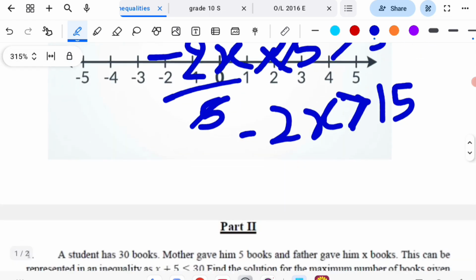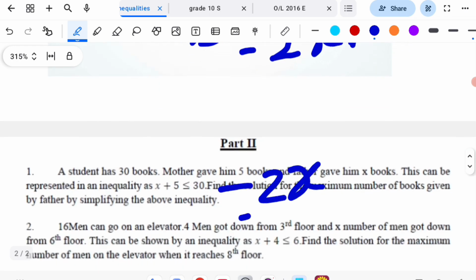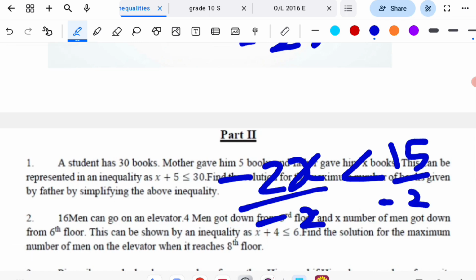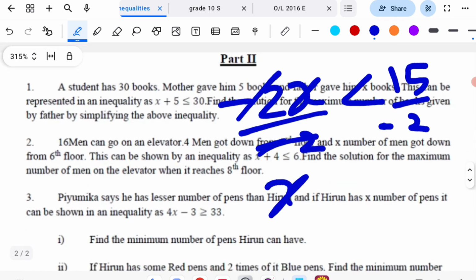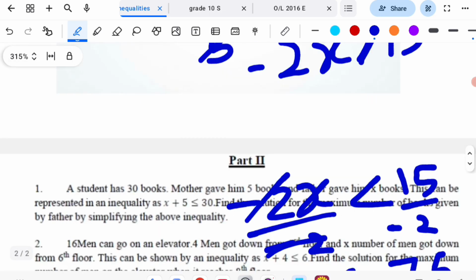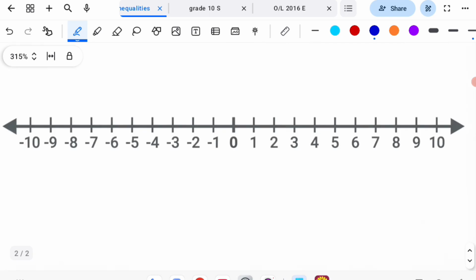Now we can divide by minus 2. Minus 2x divided by minus 2. When dividing by a minus term, we have to reverse the inequality sign. Then x less than 15 divided by minus 2, minus 15 divided by 2, minus 7.5.